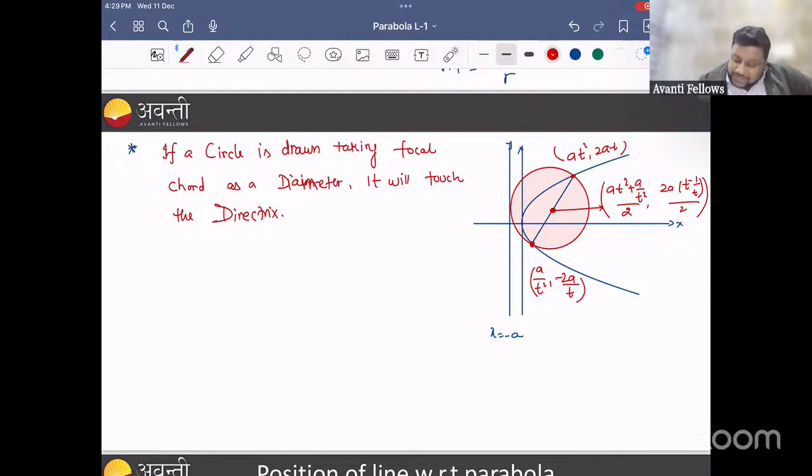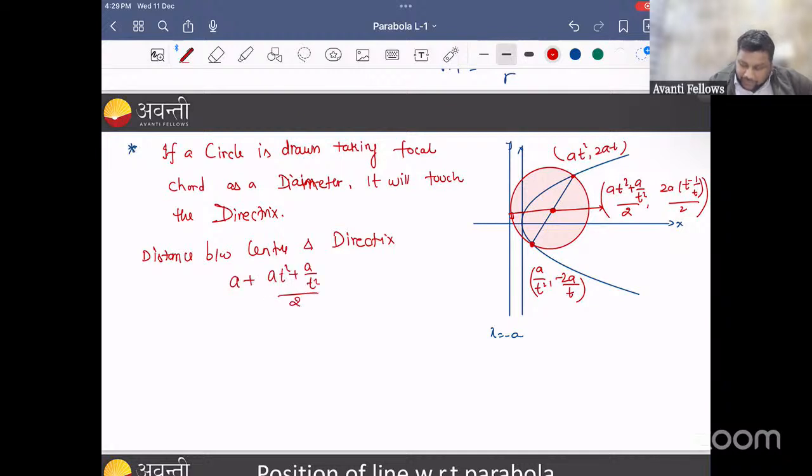Now, what is the distance of its center from the directrix? Distance between center and directrix will be what? A plus a t square plus a upon t square by 2.